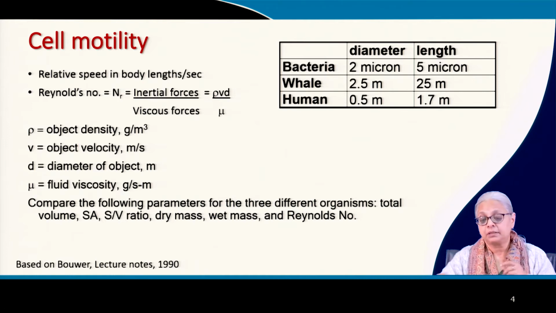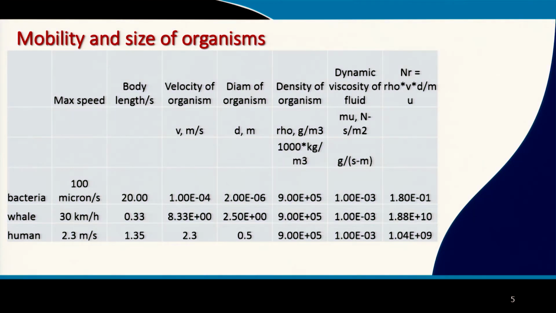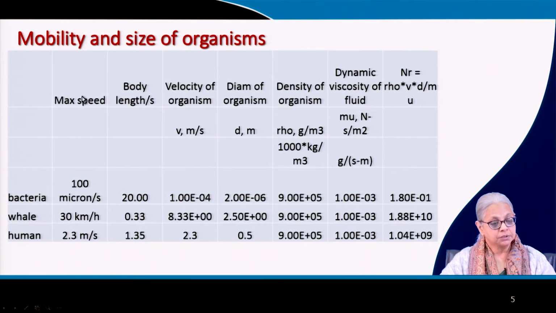I can calculate. So based on these dimensions, as well as assuming the viscosity, so I have assumed a viscosity of 10 to the power minus 3 Newton second per meter square has been converted, and we have a maximum speed. So let us say the maximum speed of bacteria is 100 microns per second.